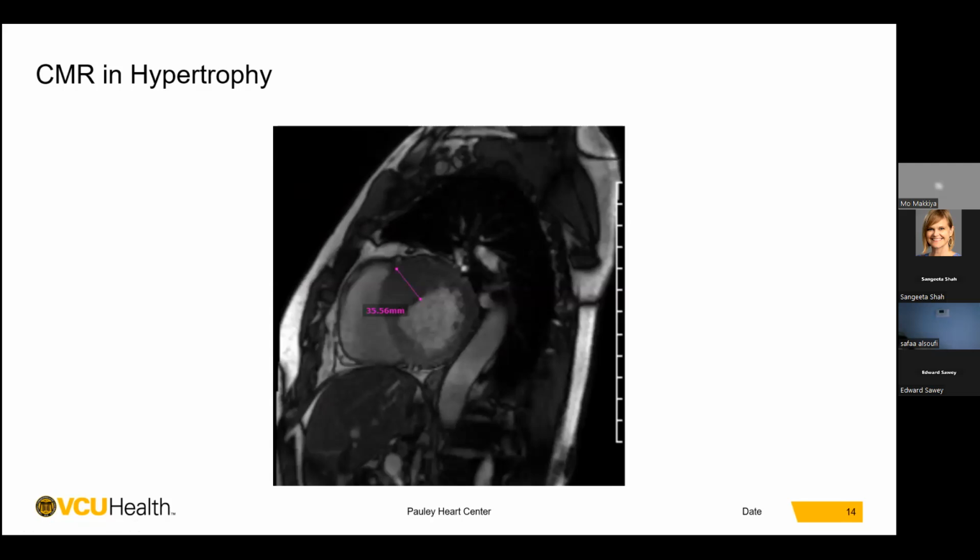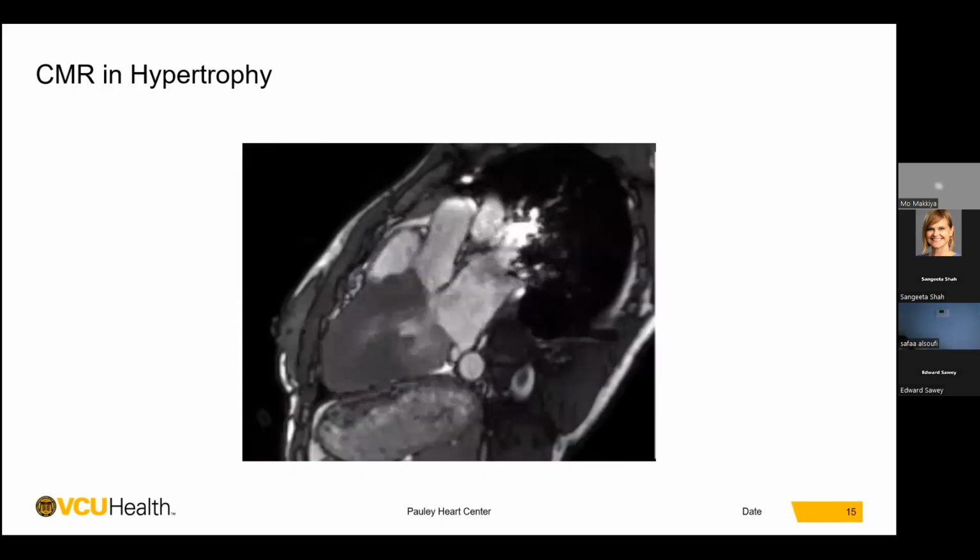Cardiac MRI has a very good spatial resolution compared to echo, and we can characterize the entire LV myocardial segments. Add to that, it has the best contrast resolution, with sharp contrast between the bright red blood and the dark myocardium, which allows us to do more precise LV wall thickness measurements than echo.